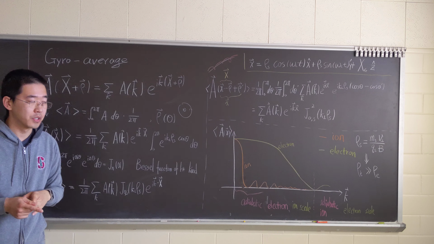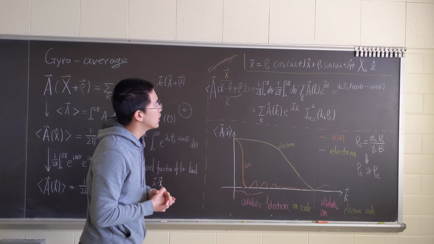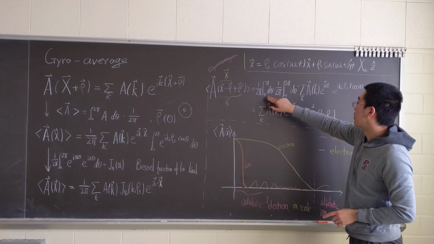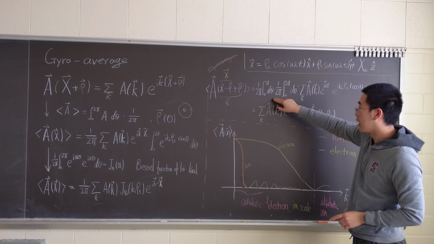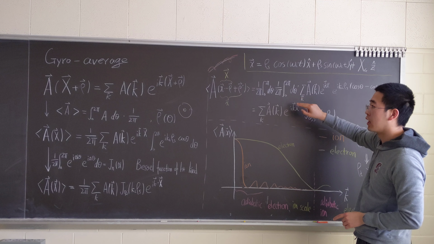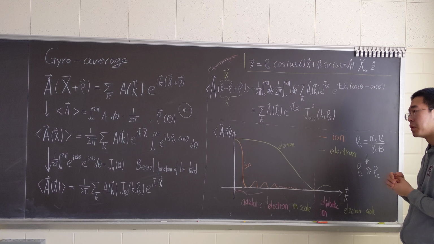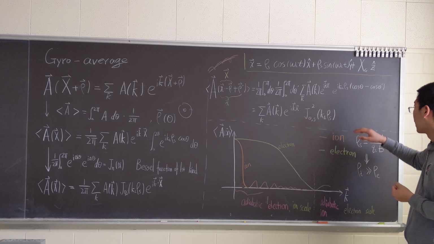So we wind up having a similar procedure, but instead of big X plus rho, we have small x minus rho plus rho prime. Then we have two integrals, from 0 to 2 pi in terms of theta and 0 to 2 pi in terms of theta prime. They're separable variables. They're independent in a sense.